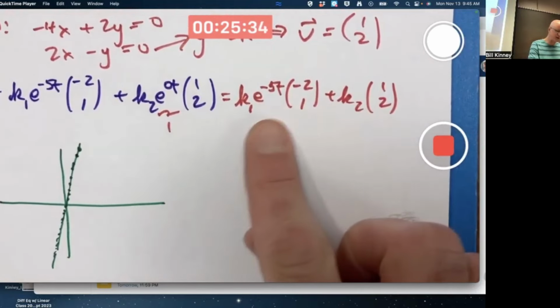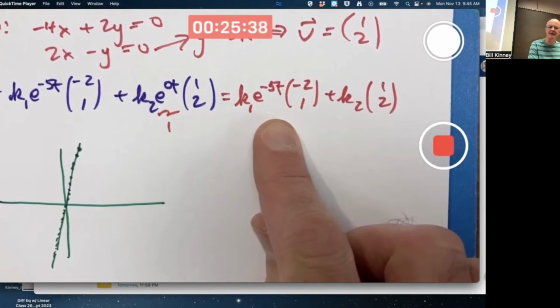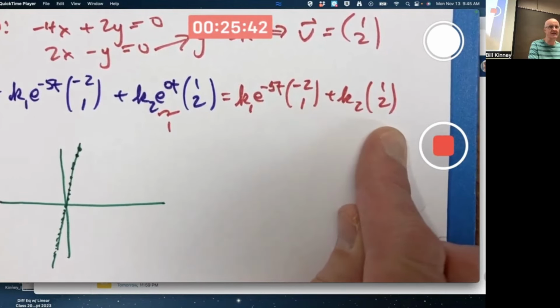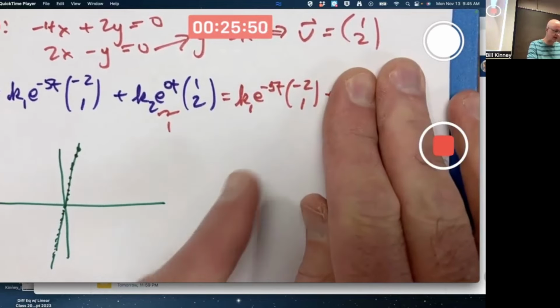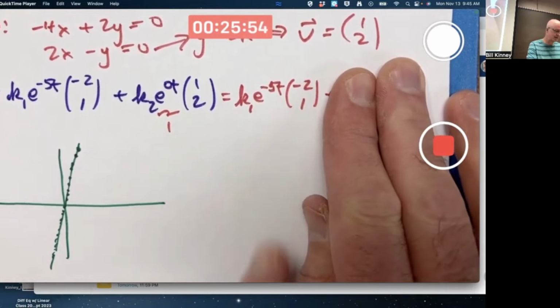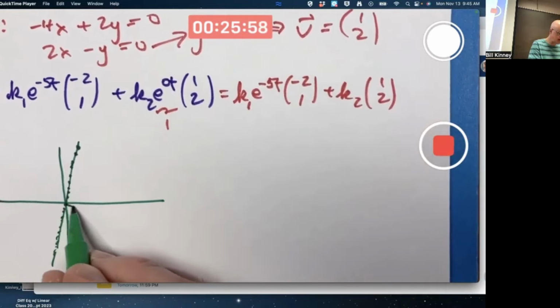I guess other solutions where K1 is non-zero decay to 0 in this component at least, but not there. If K2 is 0, this is a straight line solution heading toward the origin as t increases, parallel to (-2, 1), which is going to be perpendicular to this line here.